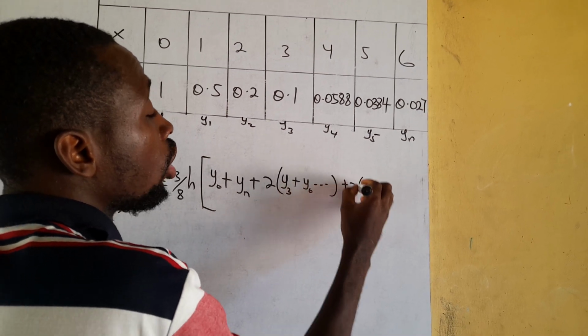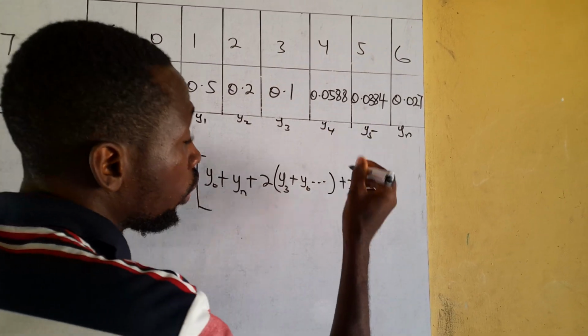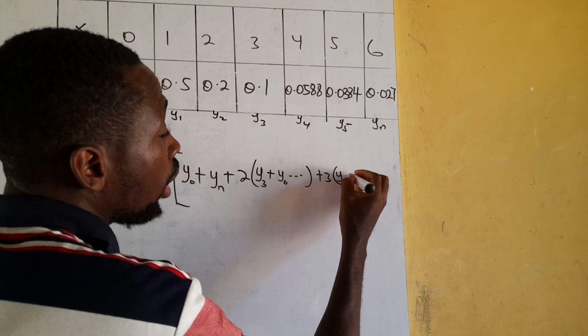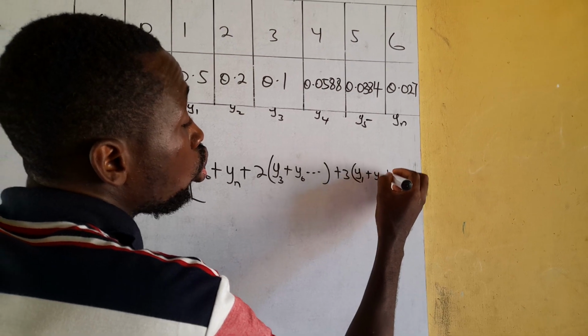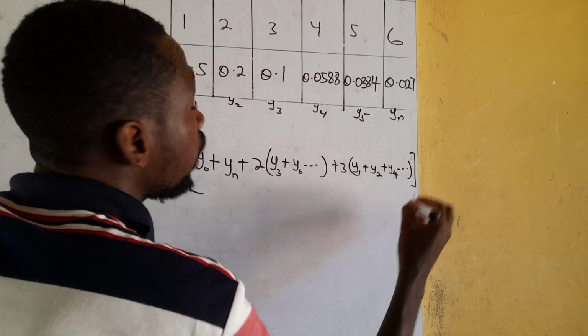Then plus 3 times all the values of y that are not in multiples of 3 position, that's y1, y2, y4 in that order. I hope you get that.